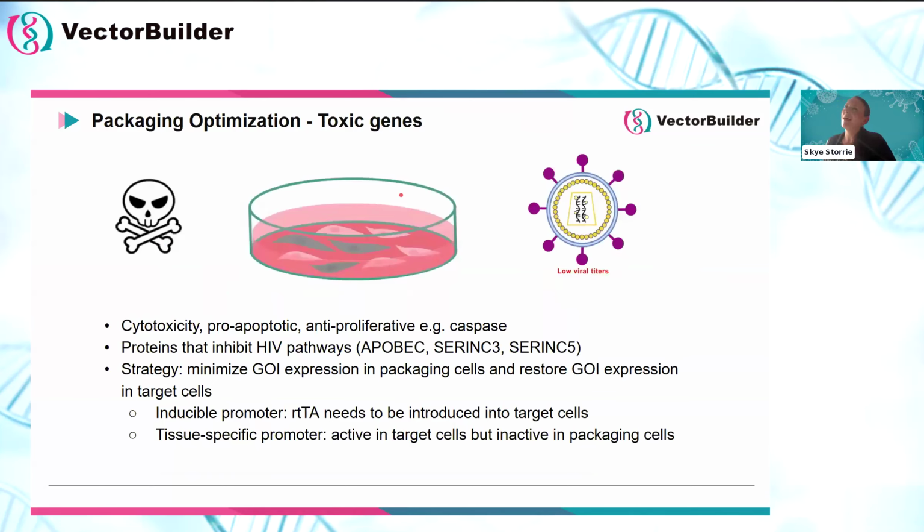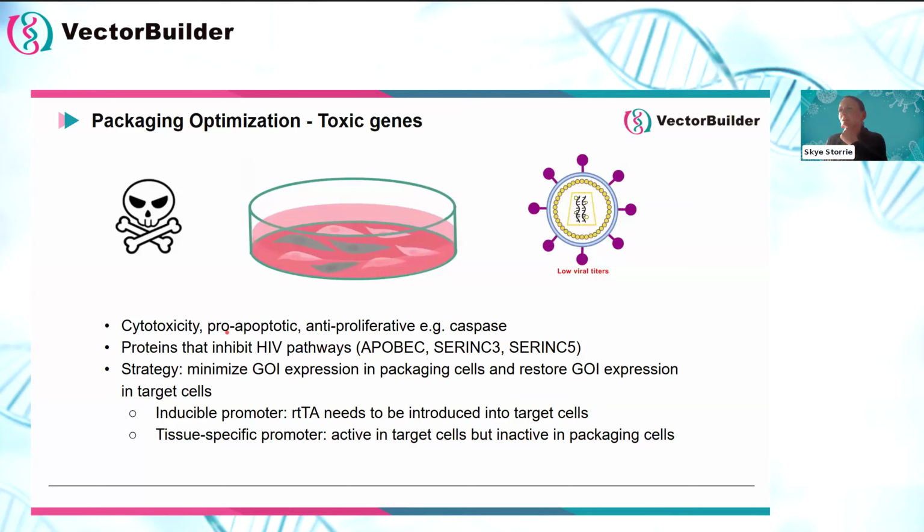And finally, I want to talk about packaging optimization for trickier genes. So as I said, toxic genes. Toxic genes are basically any genes that may affect the health of the cells that you're using for packaging, or the virus.